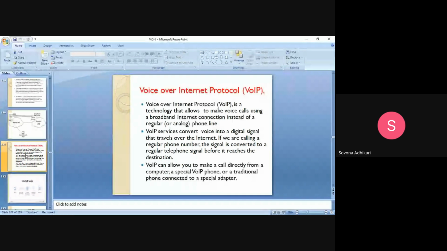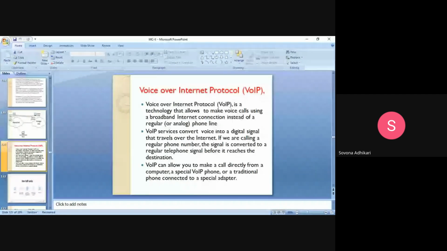In previous years, 10 or 15 years ago, a dedicated phone line, a landline, was used to make voice communication with others.